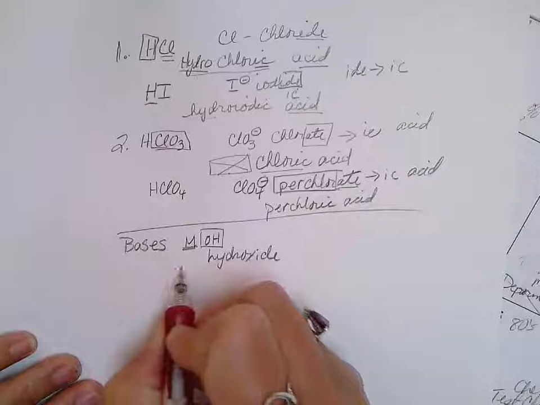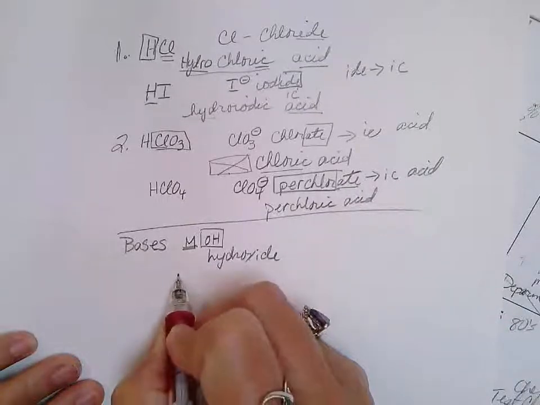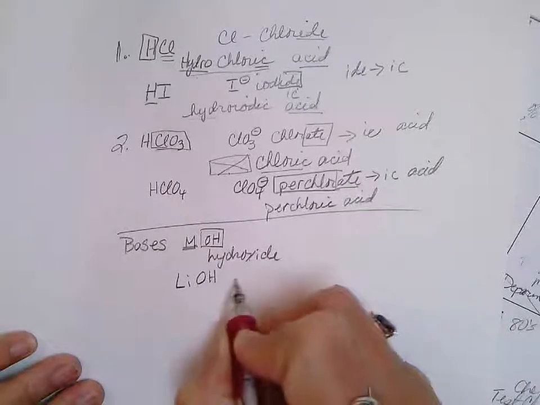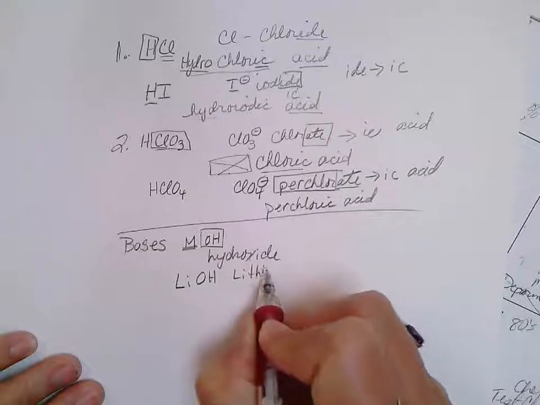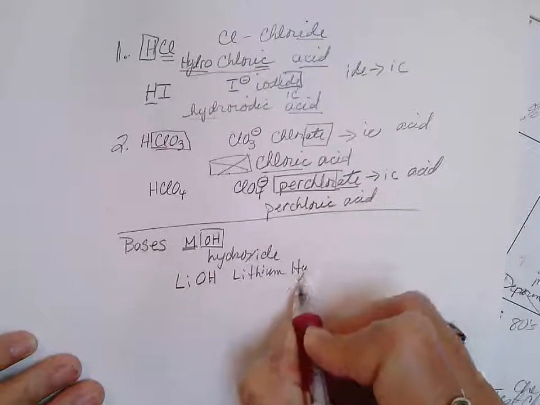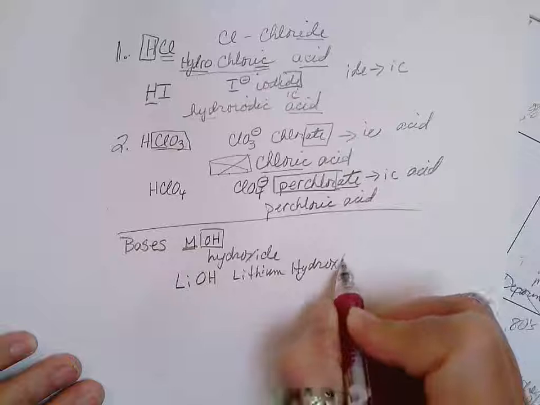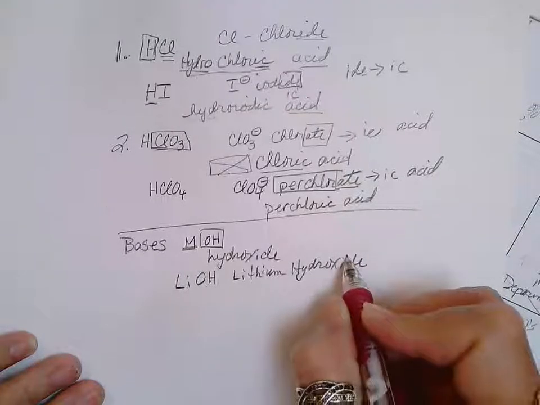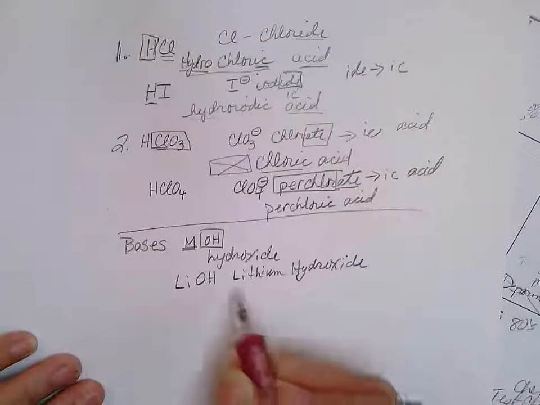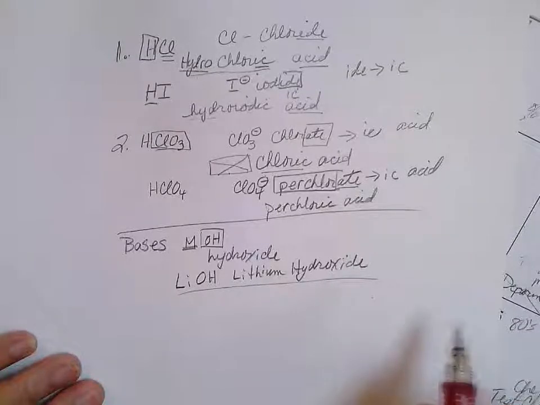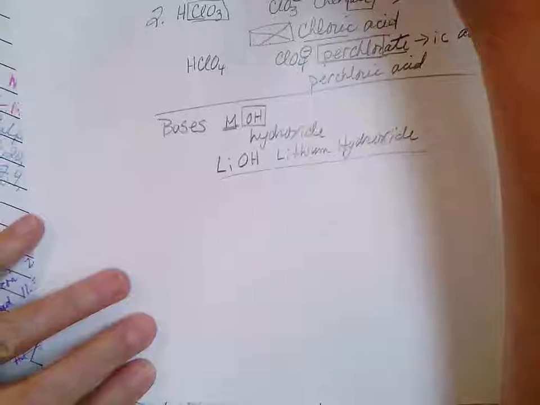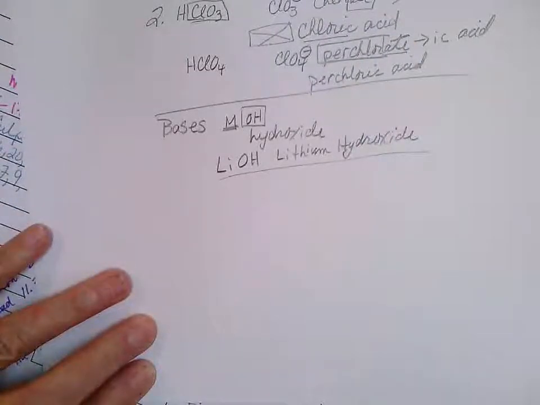So this you've already been naming. So something like LiOH is lithium hydroxide. And again, I don't care about capitalization, just spelling. So you've already been naming these. This is nothing new.